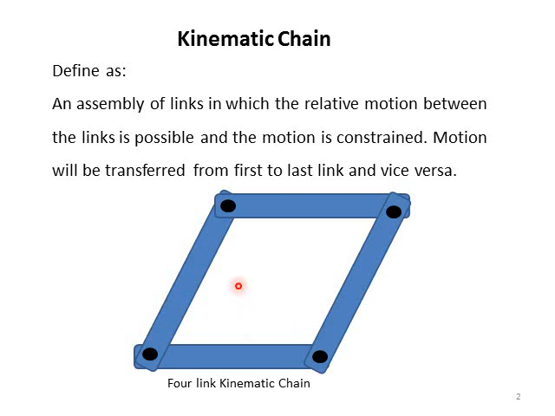There are 4 links, 1, 2, 3, 4, and there are 4 pairs, 1 pair, 2 pair, 3 pair, 4 pair, and there are 4 joints, 1, 2, 3, 4.